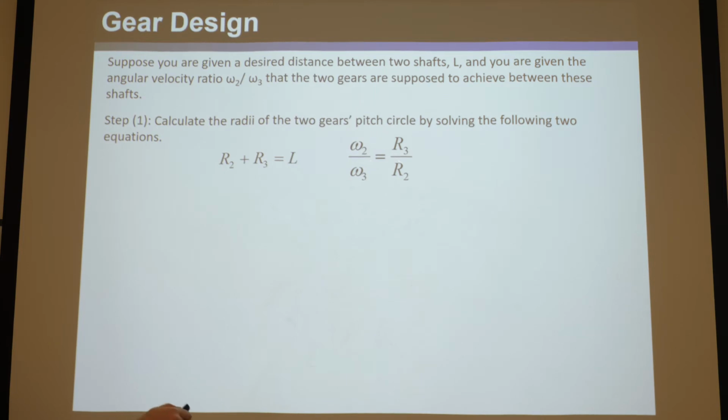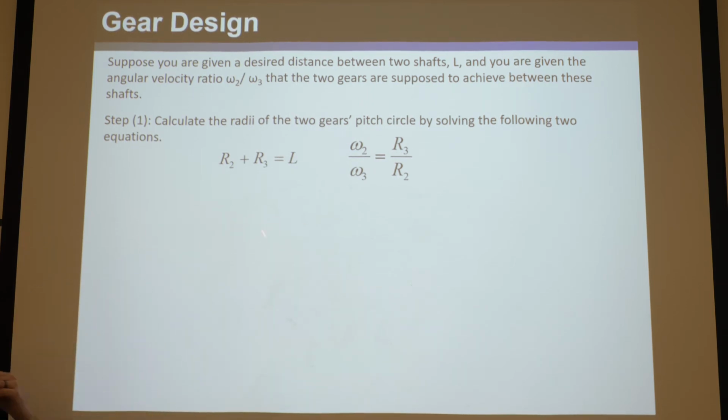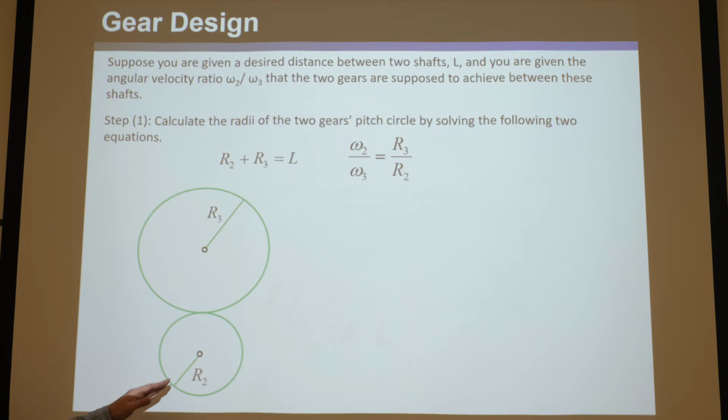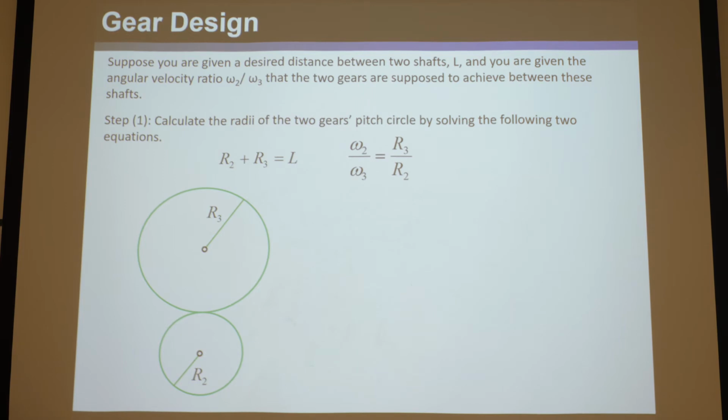Remember, 2 and 3 are always switched in the numerator and denominator, okay? So basically what I gave you is L and omega-2 over omega-3. Now you have two equations with two unknowns, R2 and R3. You could solve those and you would draw it like this. So that's R2 and that's R3, found from the L and omega-2 over omega-3.